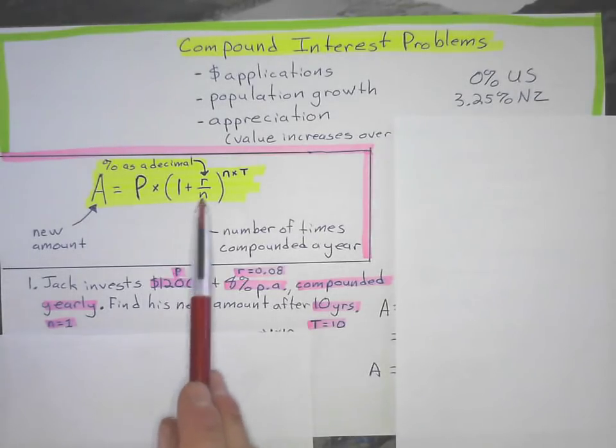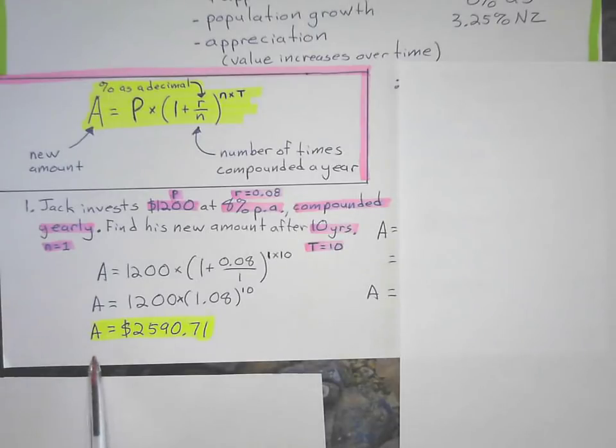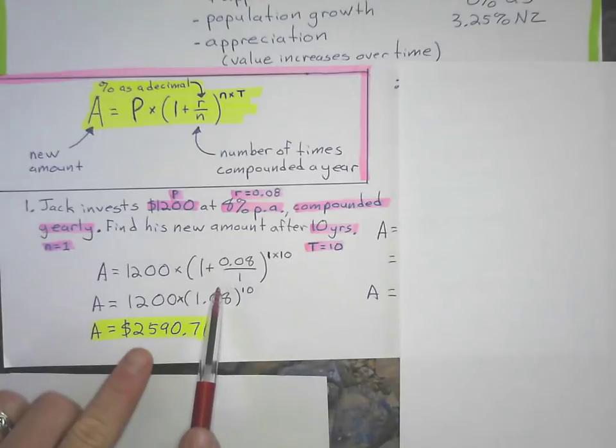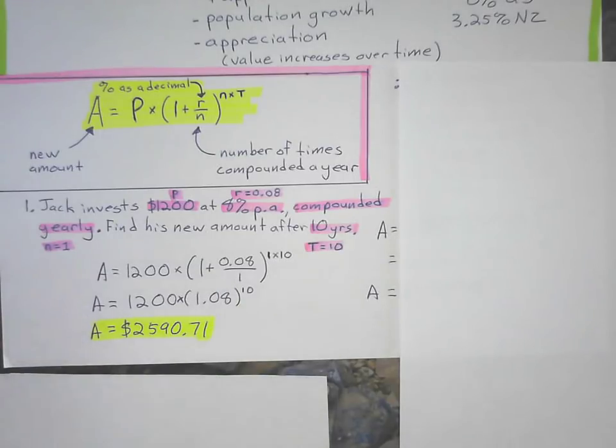So when I plug that into my compound interest formula, I get a new amount of $2,590. Okay? Now I did that kind of quickly, but remember the interest is already added into that.